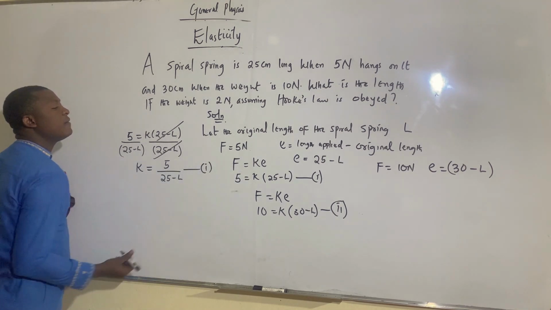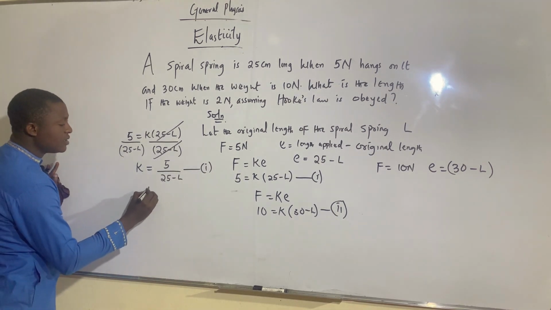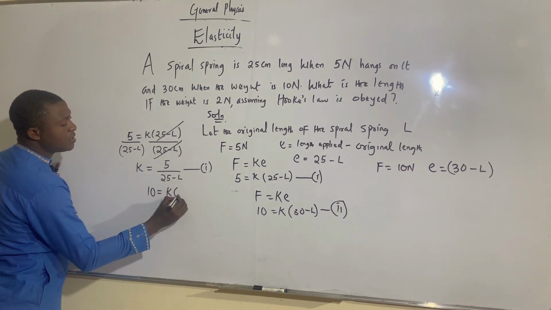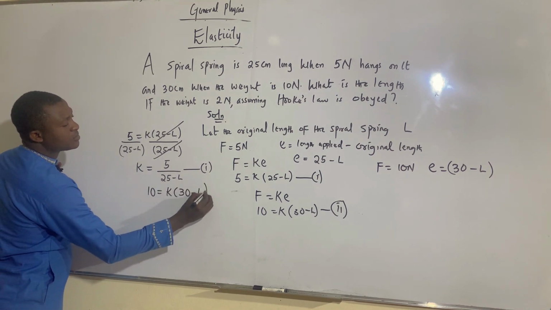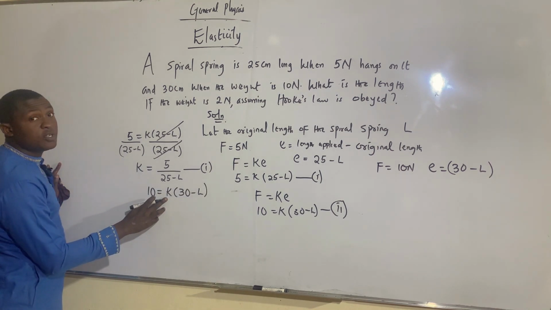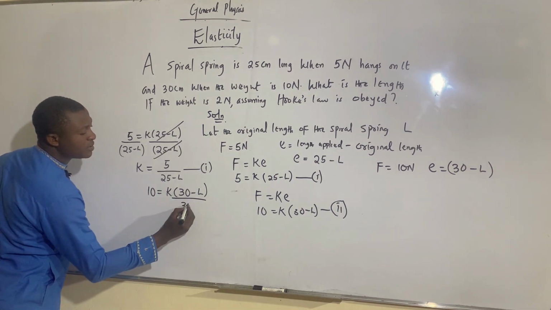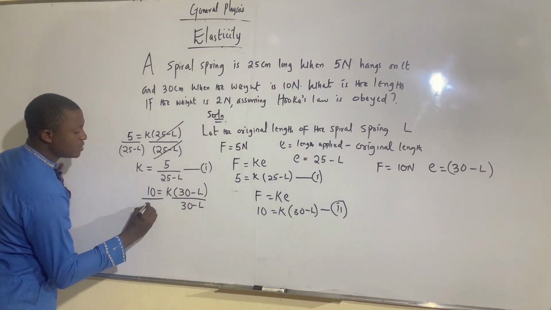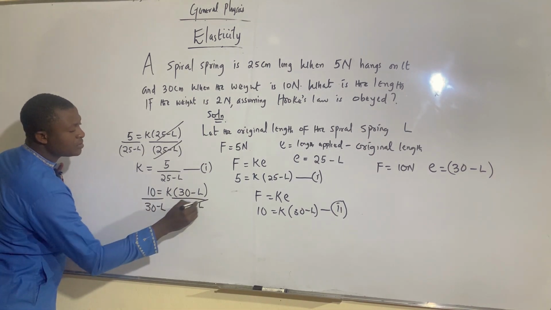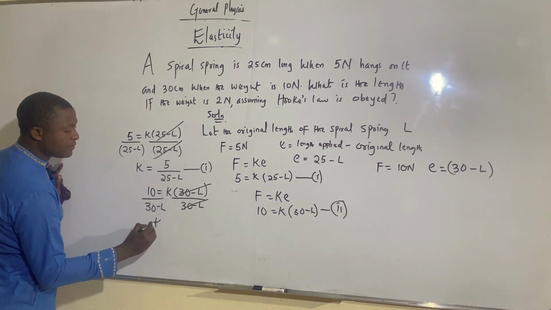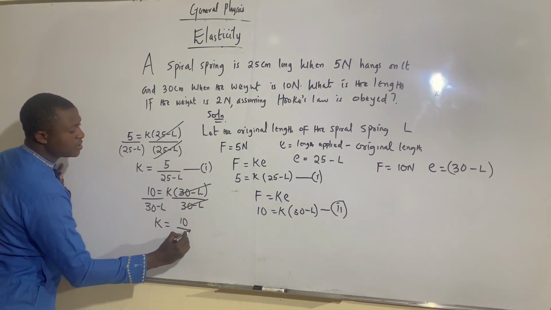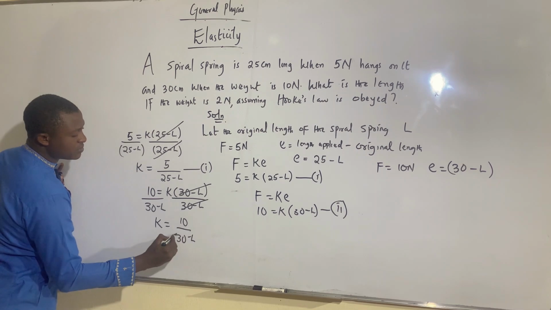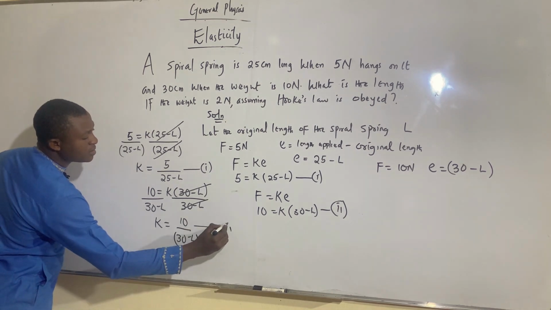And from the second one, what we have is 10 is equal to K bracket of 30 minus L. Still the same, I want to make K the subject. Divide both sides by 30 minus L. If this cancels this, I will have K equal to 10 divided by 30 minus L. So I can call this my equation 2.